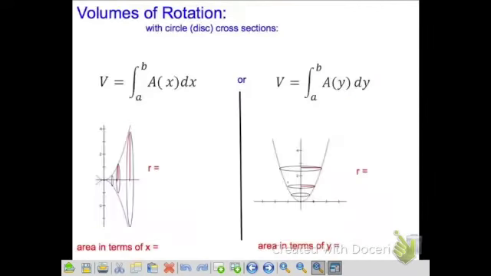So let's just look at one more example. These are the ones that we did that I had the solids for. Both of these are using the equation y equals x squared, and they're all being enclosed within the first quadrant. So we're really only looking at this part of the curve.